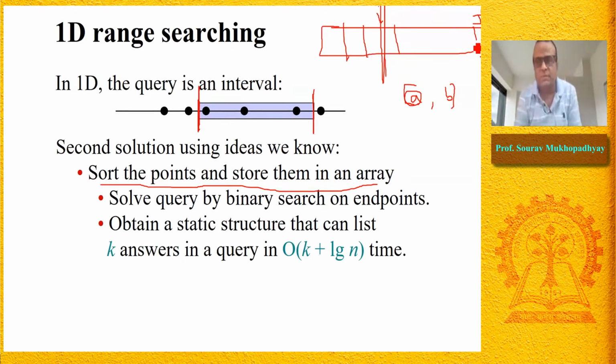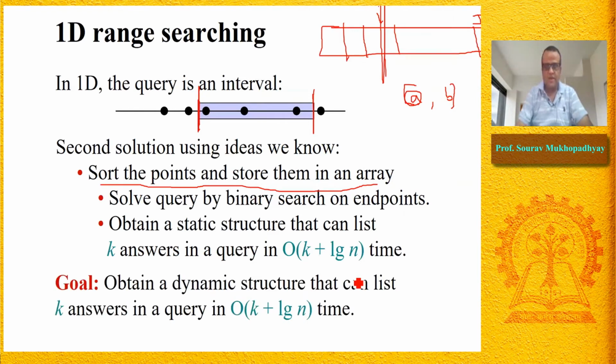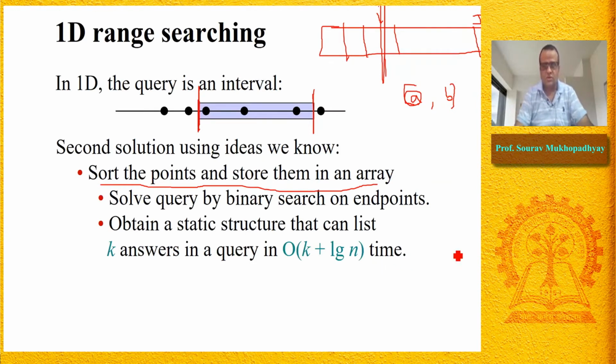So what is the time complexity for that? How much time is spent for this? First of all, you have to sort it. If there are n points, sorting will take order of n log n time. That is the sorting part, the preprocessing time.